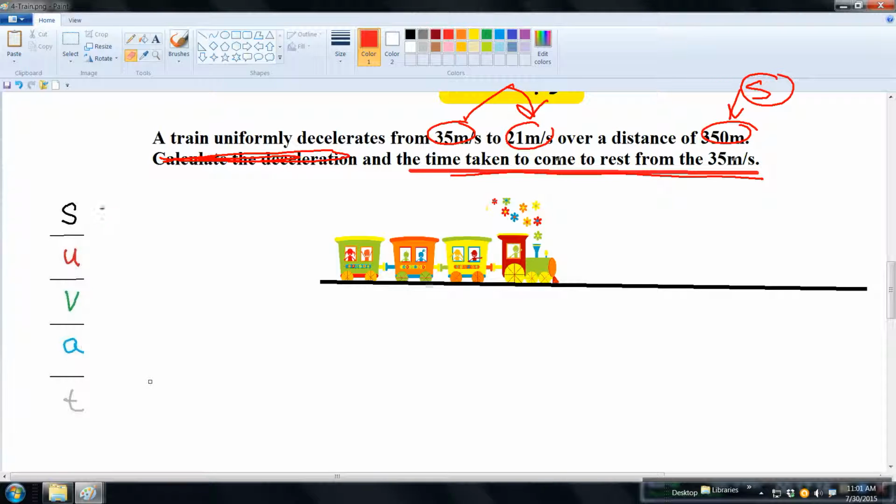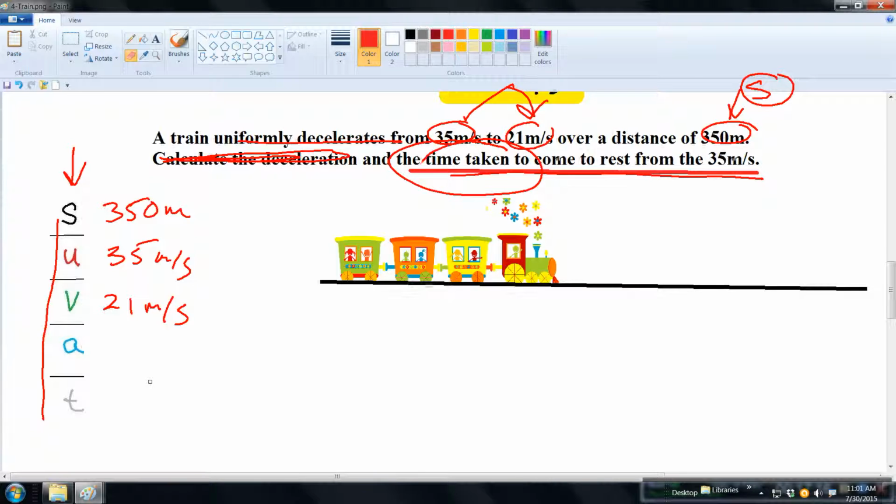So we've got uniform deceleration, so we've got SUVAT, and we write the letters vertically and enter our 3 bits of information. Again, we've got 350 meters, an initial velocity of 35 meters per second, a final velocity of 21 meters per second. And this time we're looking for the time taken.